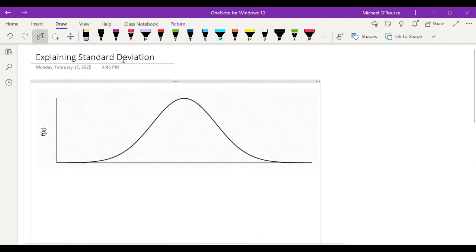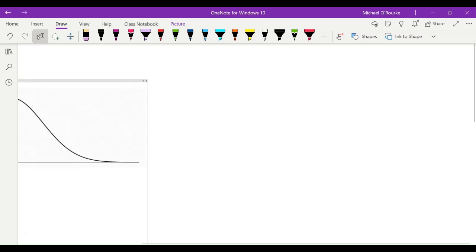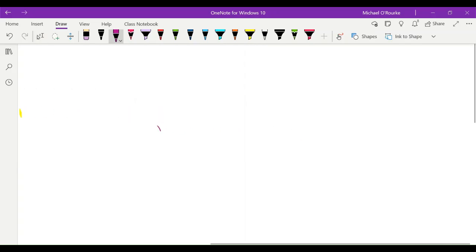Okay, I'm just going to talk about connecting standard deviation and distributions. First of all, let me scroll this way a little bit. If you remember, there's lots of different types of distribution. We have our normal one, which is symmetrical, as best I can draw it.